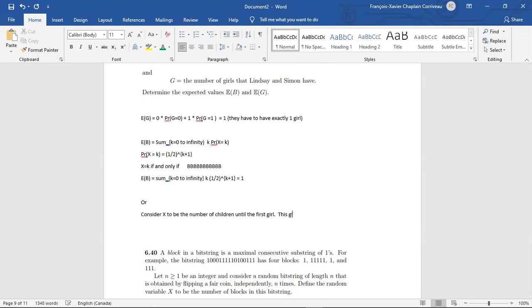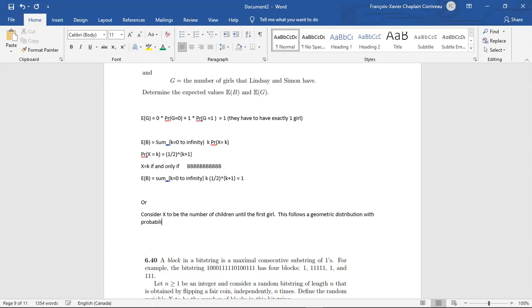This follows a geometric distribution with probability of success equal to a half.